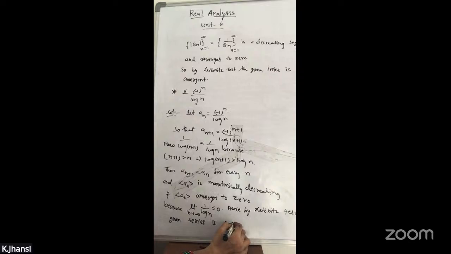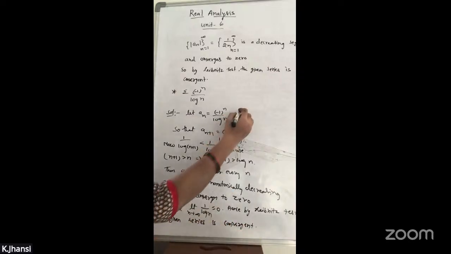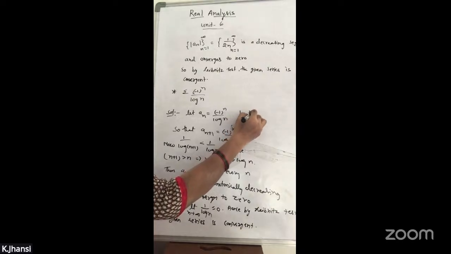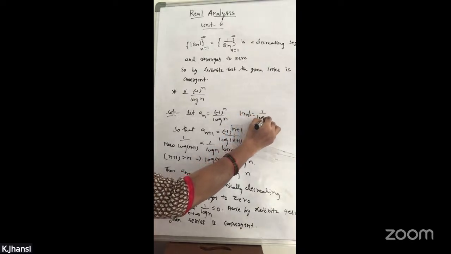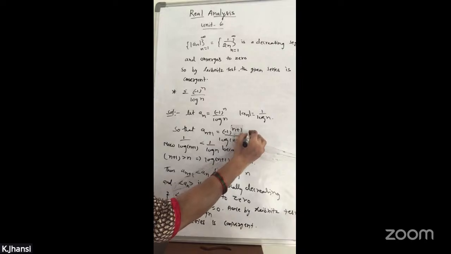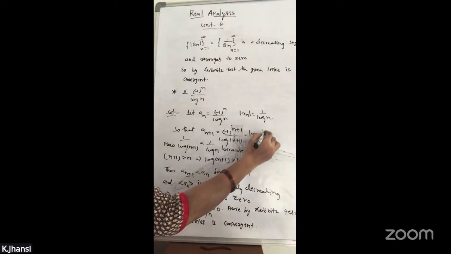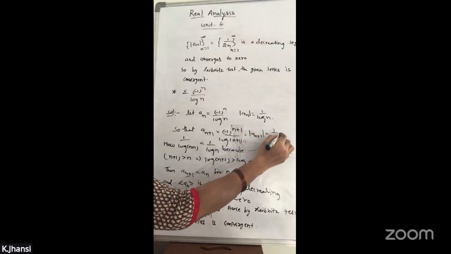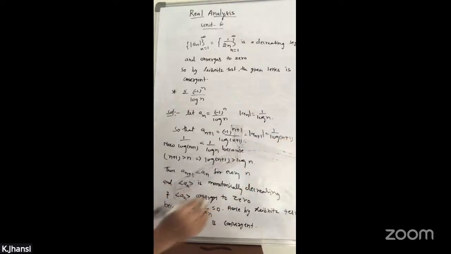You can write here the modulus of an is equal to 1 by log n, and the modulus of an plus 1 is equal to 1 by log n plus 1. So these values are such that 1 by log n plus 1 is less than 1 by log n. Okay, so this is one of the exercise problems.